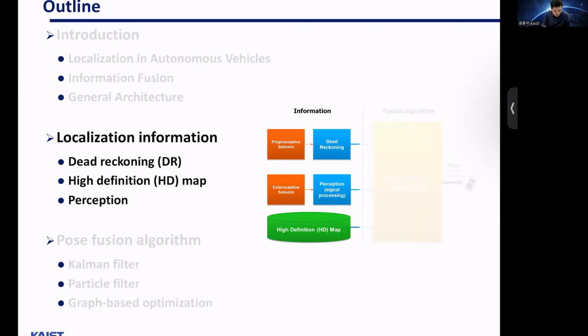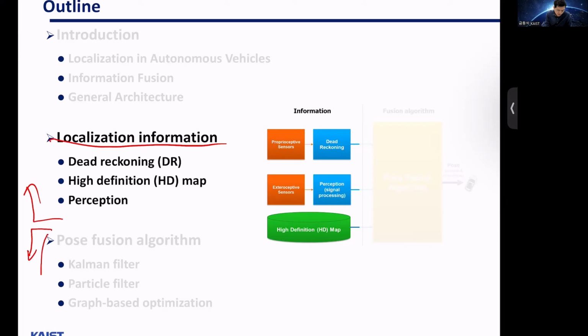So let's move on to a little more detailed information for the localization information part. Today, we are going to cover up to here. And then starting next lecture, we are going to cover pose fusion algorithm.